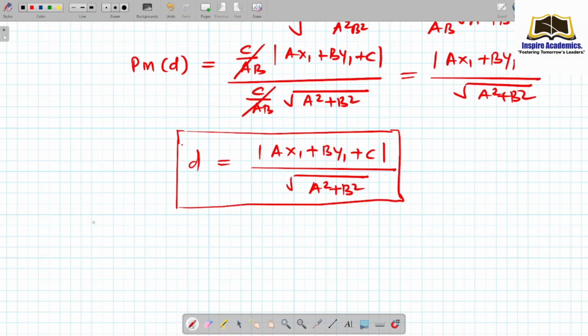Now we shall discuss distance between two parallel lines.